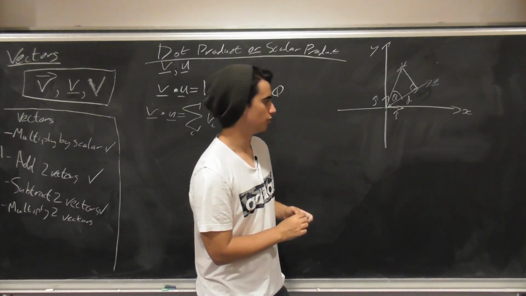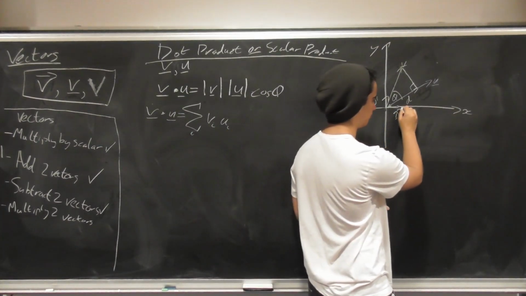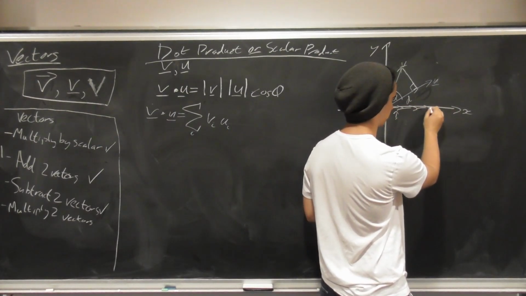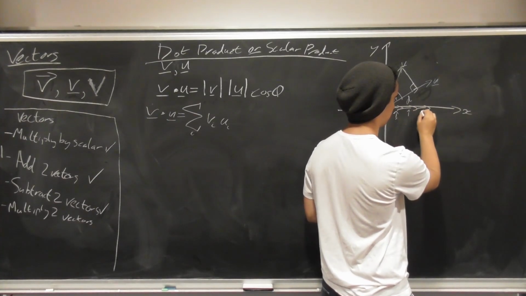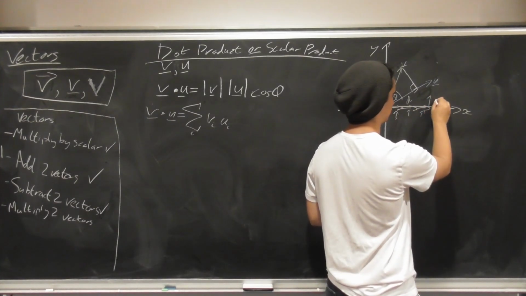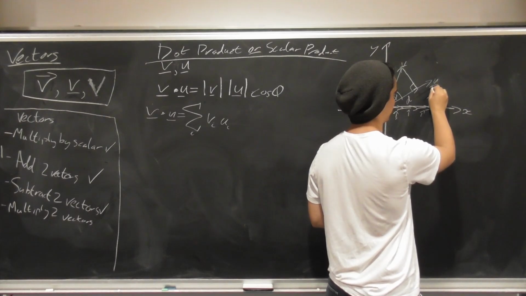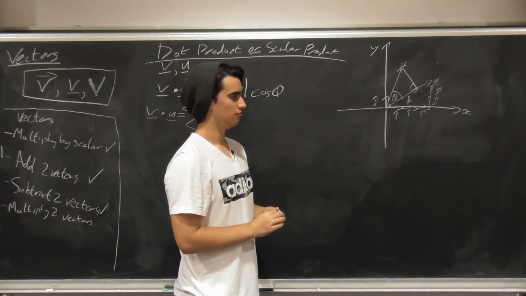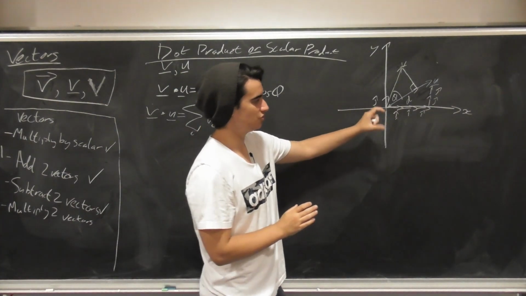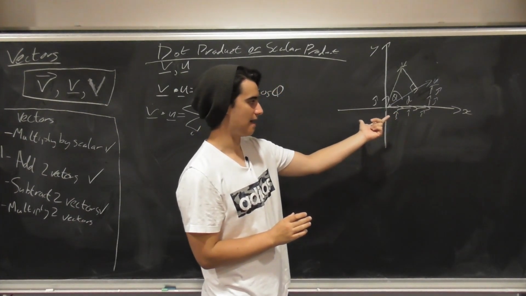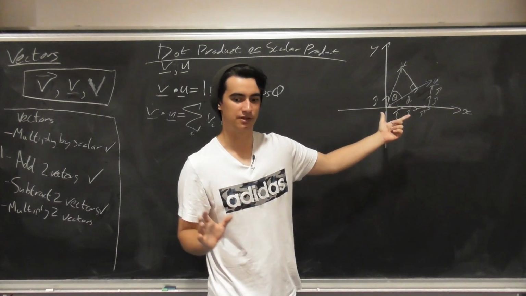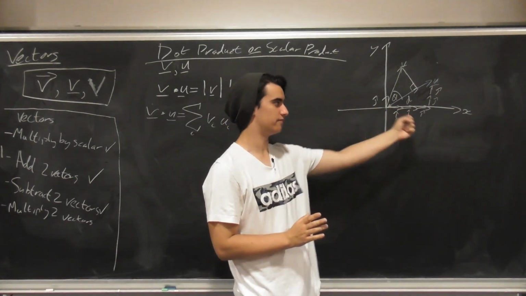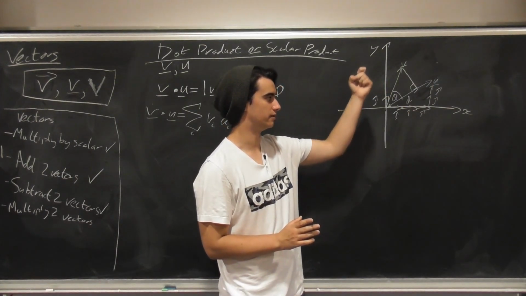Or we'll go i, and then another i, and then another i, and then j, another j. Right? So this is a new way of thinking about it. We can think about it like we think of our coordinate spaces, where it's a certain amount in the x direction and then a certain amount in the y direction.